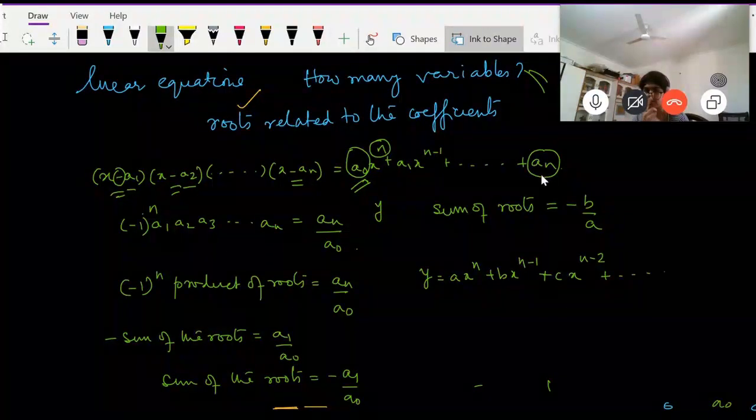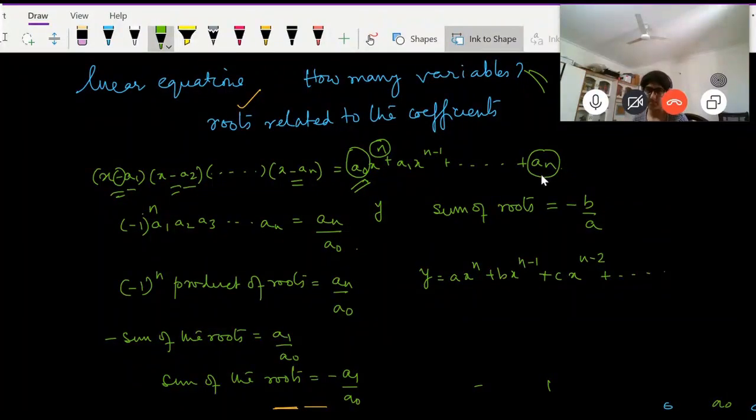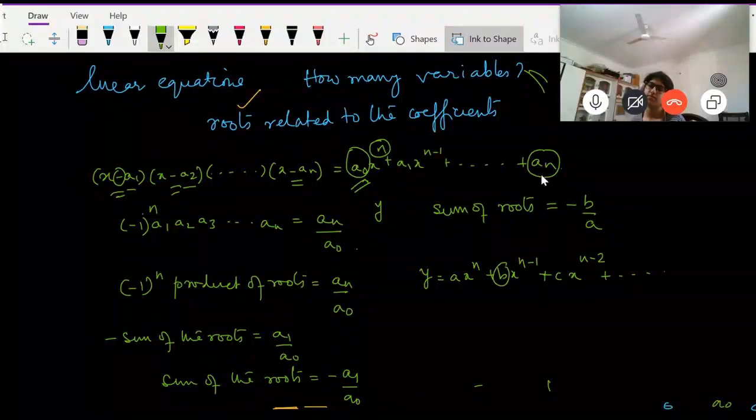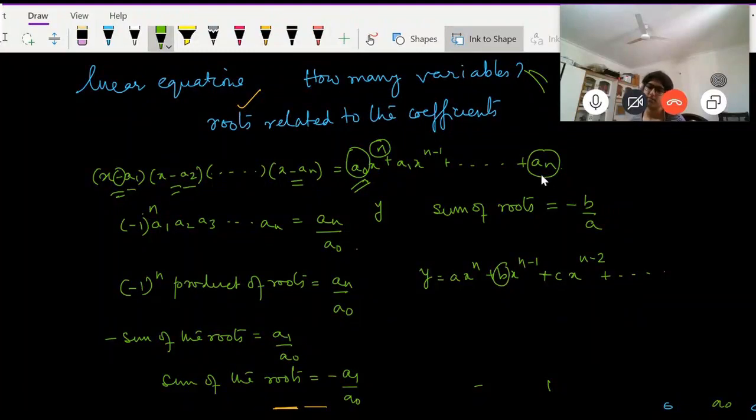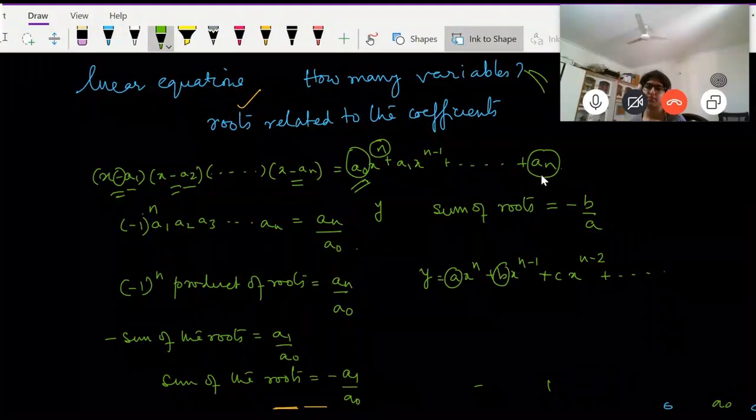Like this, it goes on, right? So if this is the case, then sum of roots is equal to minus b by a. So b is the coefficient of the second highest power, a is the coefficient of the highest power, right?